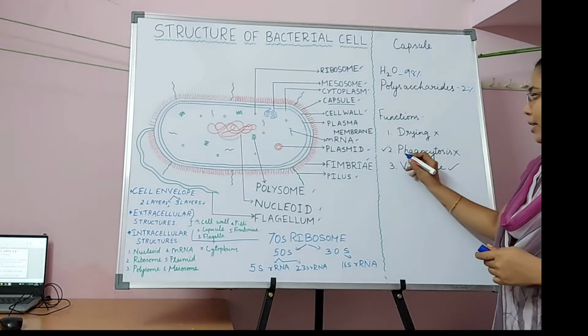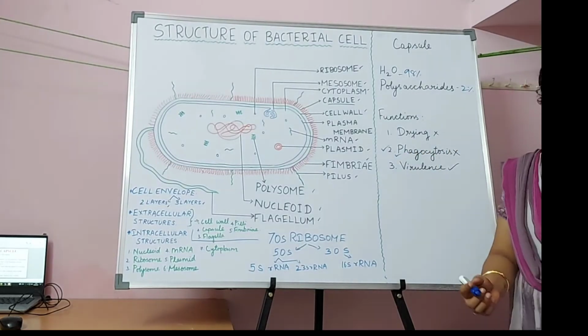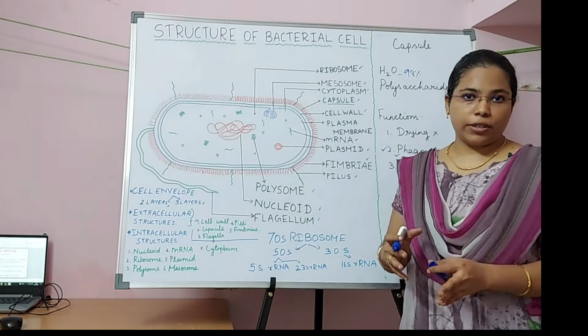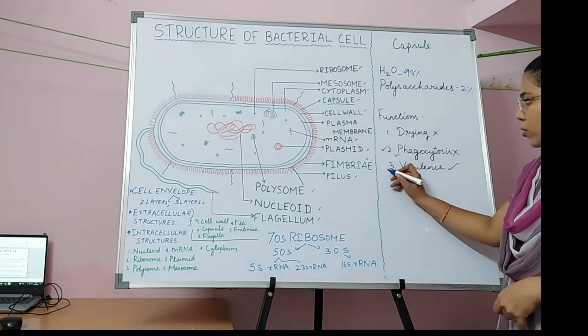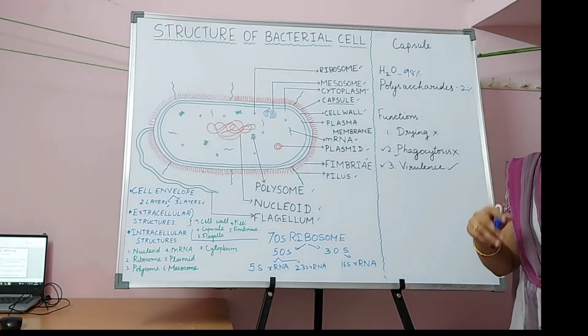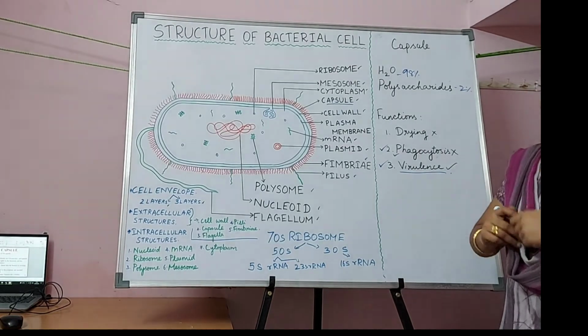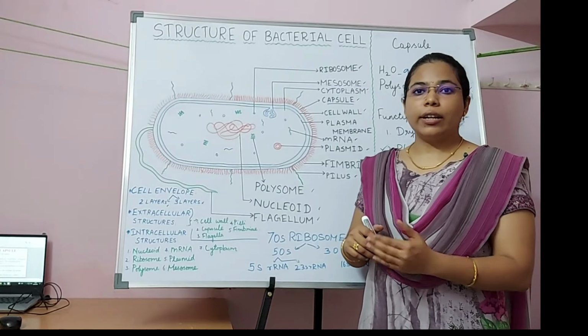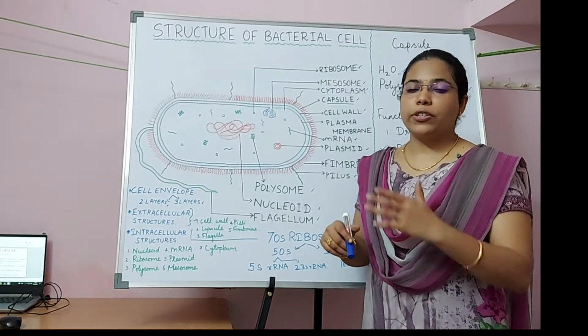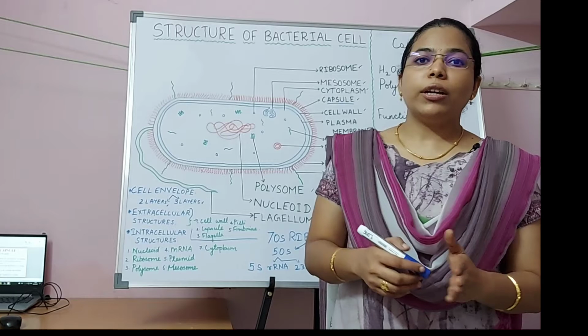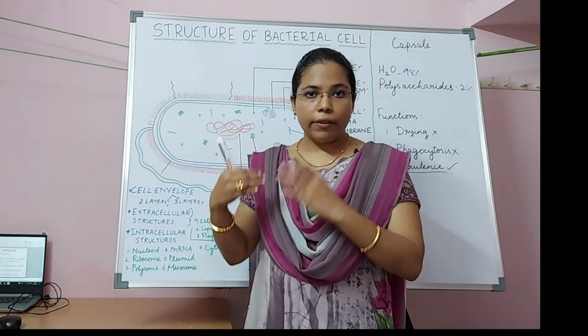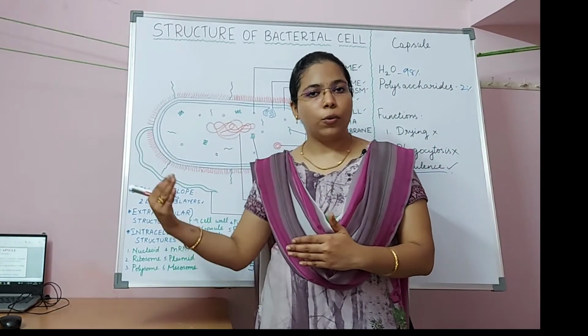Since it can escape the phagocytosis process, it has the ability to cause infection in the host cell. Hence this capsule also confers virulence to the bacterial cell. If a bacteria is a capsulated strain, it has the capacity to cause infection in host cell. At the same time, if the bacteria do not have the capsule, they do not harm the host cell.